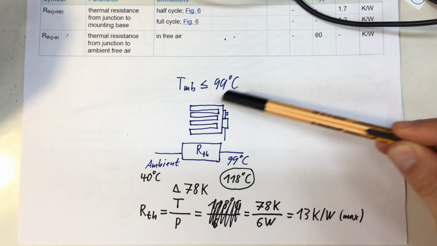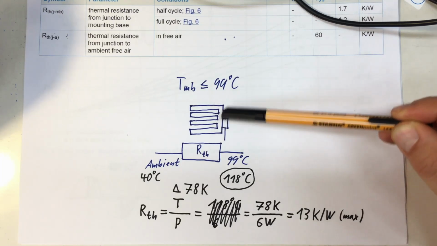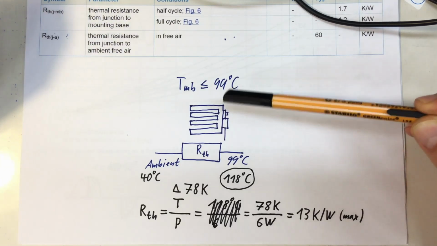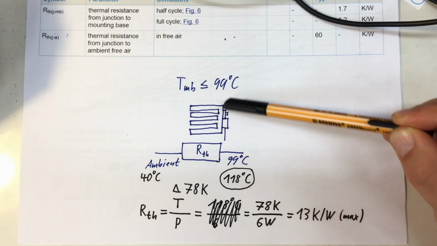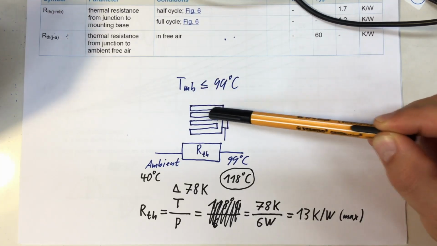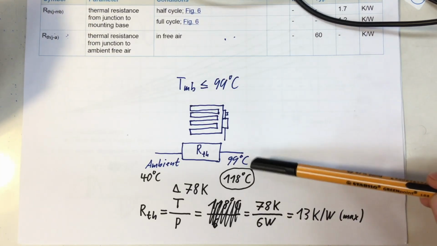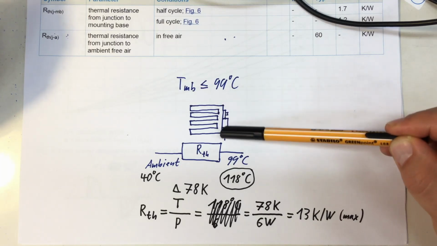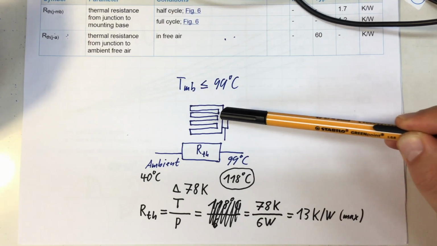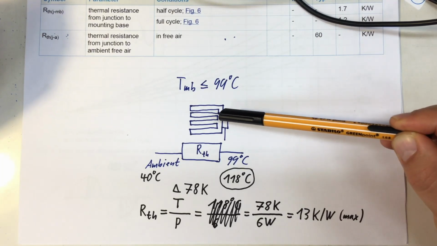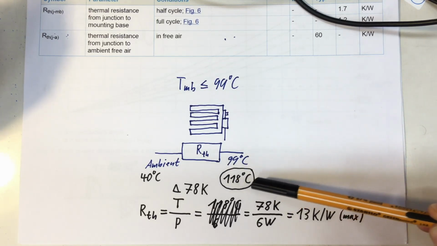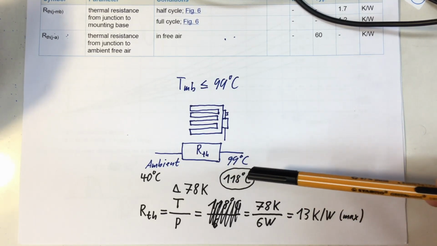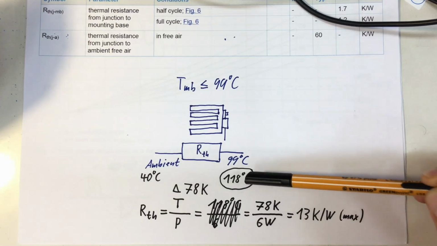Now we can forget about everything that's going on inside the TRIAC and just concentrate on the heatsink we are going to put on the back. We know that on one side of the heatsink, where the mounting base is screwed on, we have a maximum temperature allowed of 118 degrees Celsius.